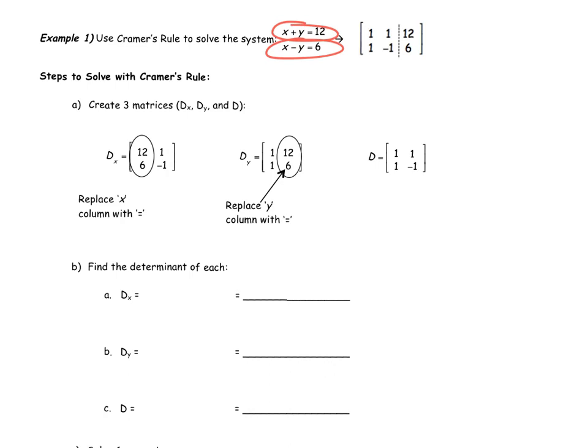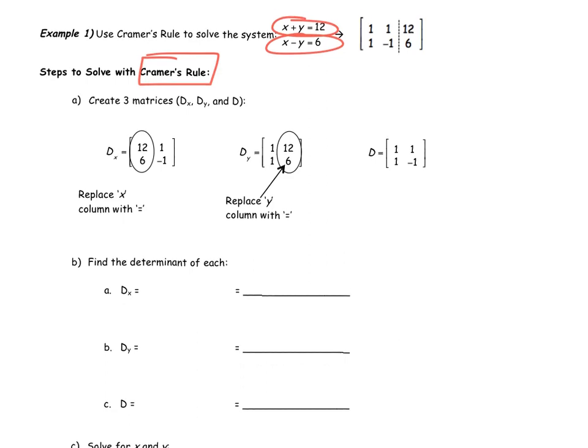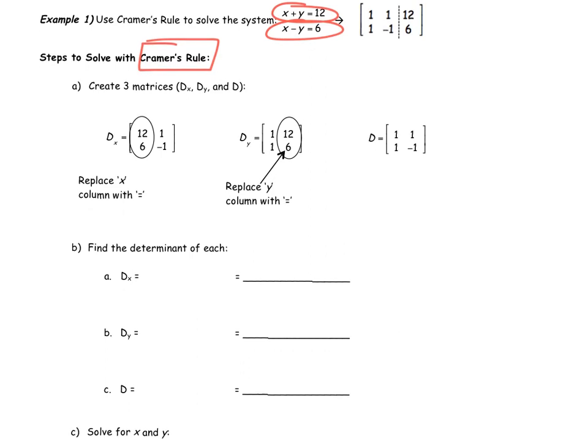Now, solving using Cramer's rule is a little bit different for us, but actually an extremely useful method. Like I said, this is probably my favorite way to solve systems.